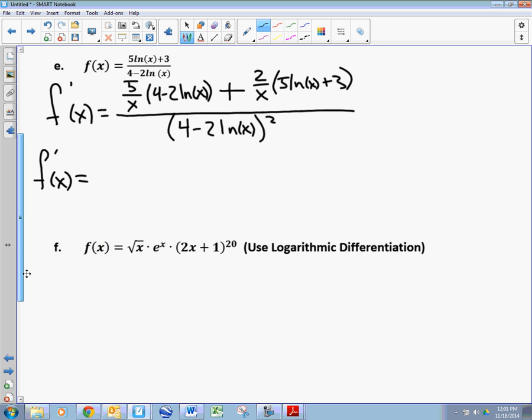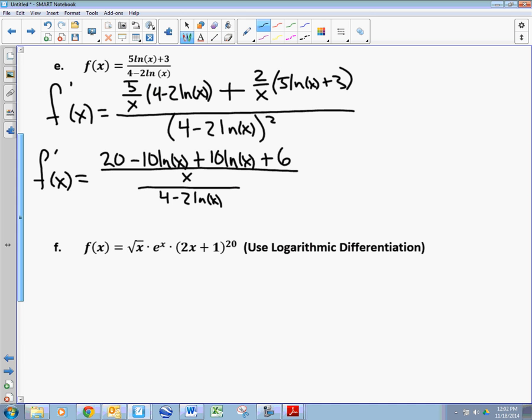What's 5 times 4? 20 minus 10 natural log of x plus 10 natural log of x plus 6 all over x, all over 4 minus 2 natural log of x quantity squared over 1.